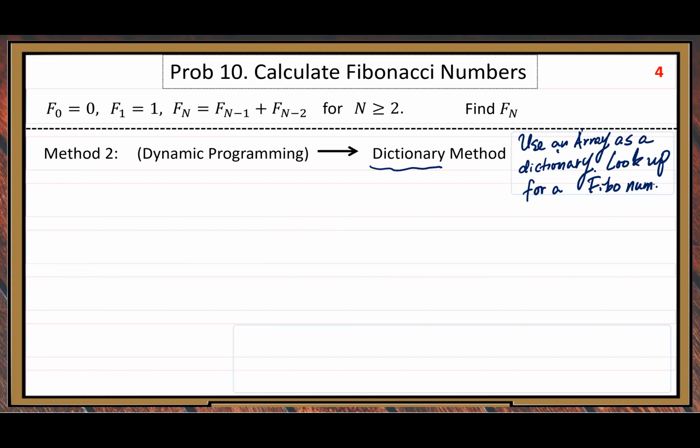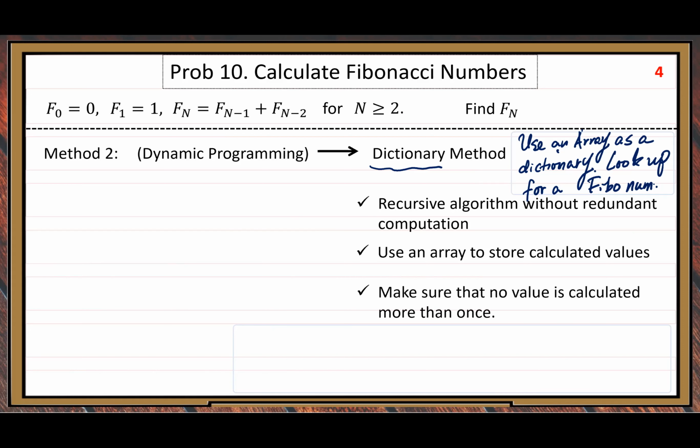We call it a dictionary because later we need to look up one particular Fibonacci number in it. So the property is a recursive algorithm without redundant computation.